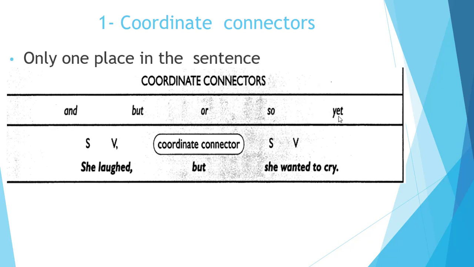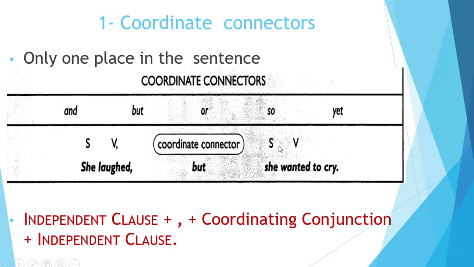There is only one place in the sentence for coordinate connectors, as you can see here: subject verb, comma, coordinate connector, which is and, or, but, yet, so, for, and then another subject verb, okay? It's like an independent clause, comma, and coordinating conjunction, and another independent clause.